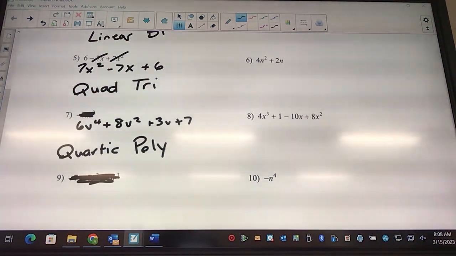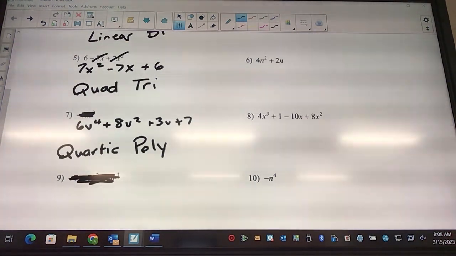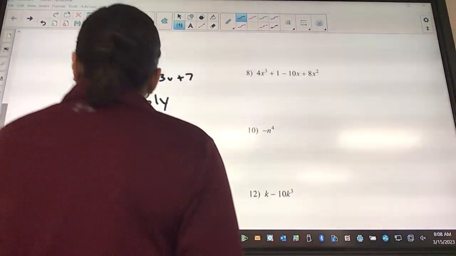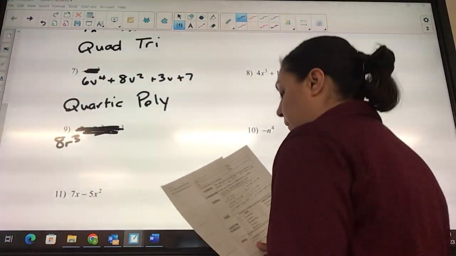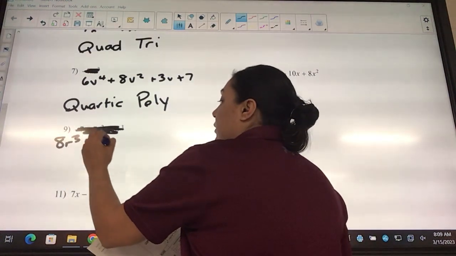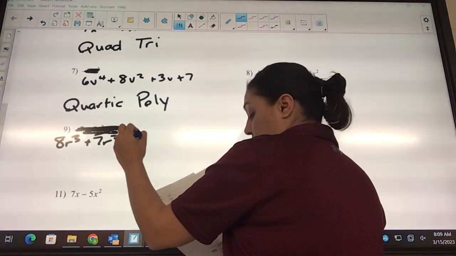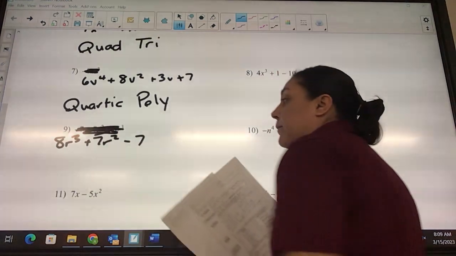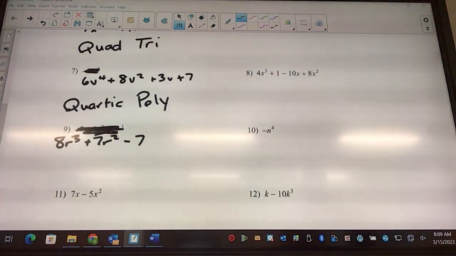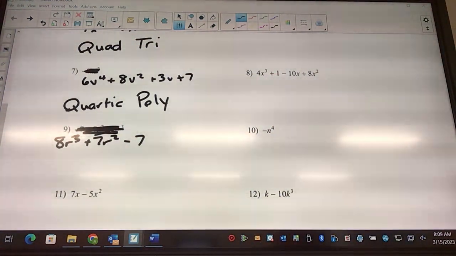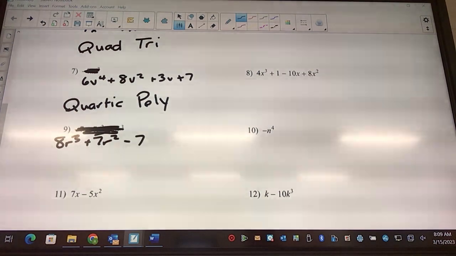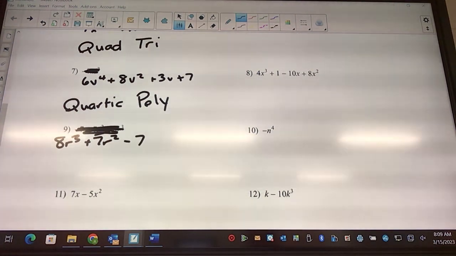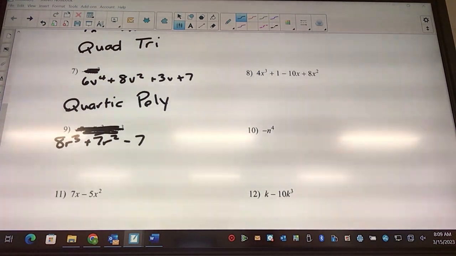Okay, 9. Which one's coming first? 8r cubed. Then what? 7r squared. And then minus 7. How much would be minus 7? Since that's a negative and it has two positives, where's that other positive?